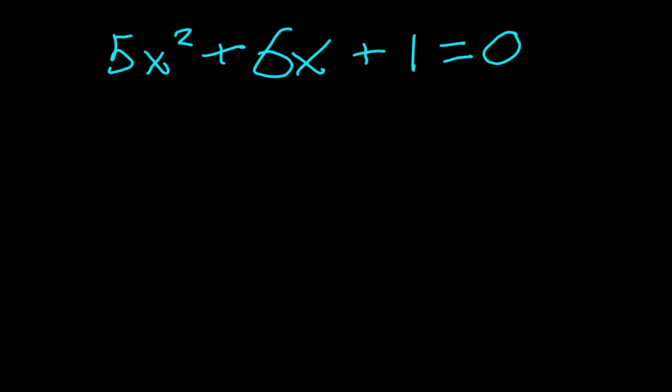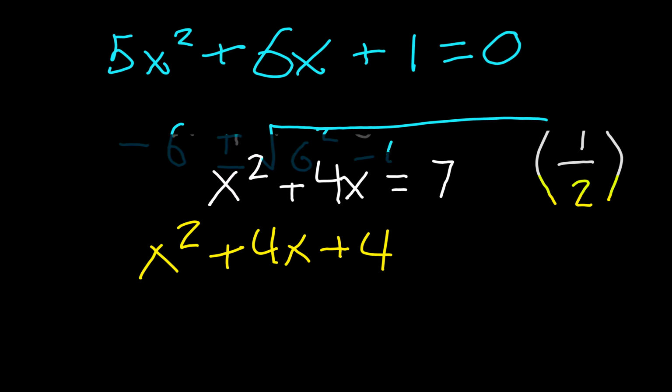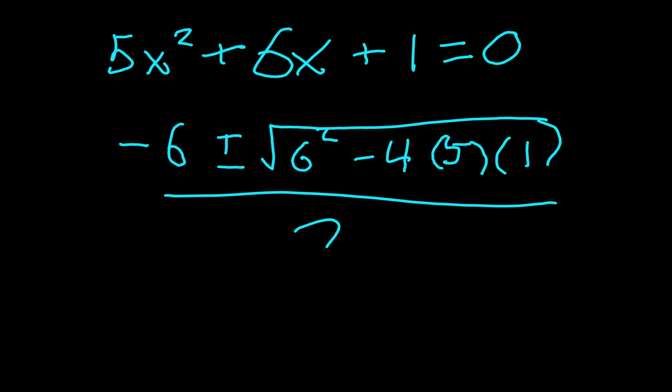So to start out, we're going to do negative 6 plus or minus the square root of 6 squared minus 4 times 5 times 1, all over 2 times 5.